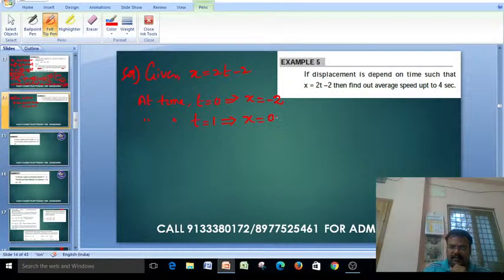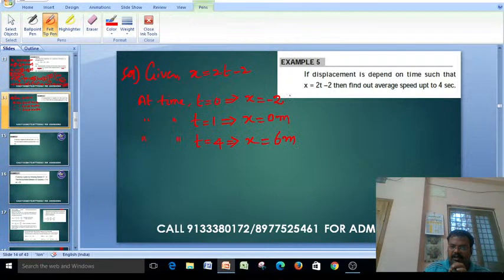Same at the time of t equal to 4 seconds. When you substitute, 2 times 4 is 8, 8 minus 2, 6 meters. From 0 meters to 6 meters.